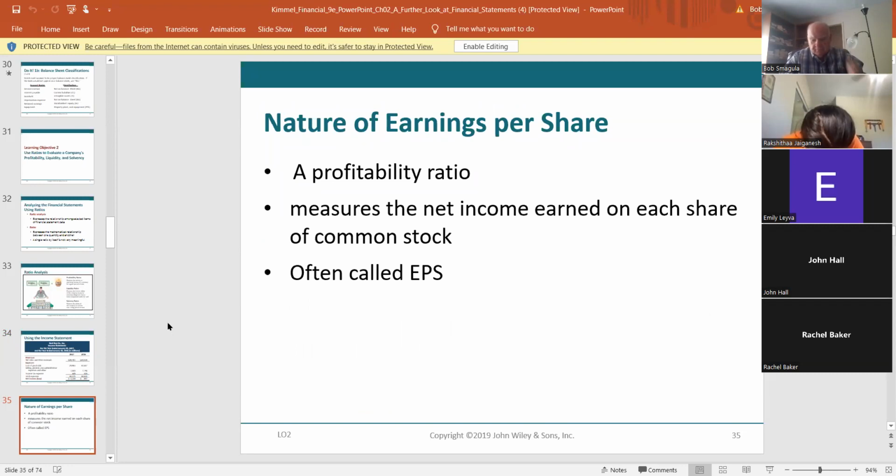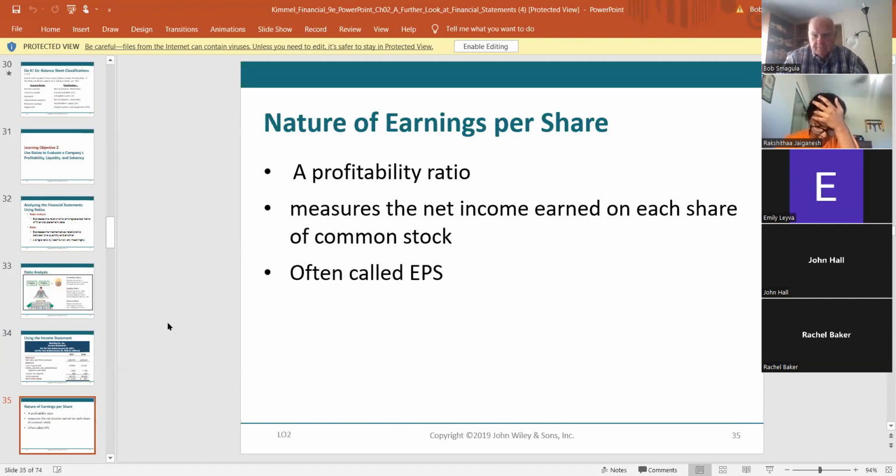Earnings per share. If you're interested in a particular company, you might be interested in buying the stock of Coca-Cola, but you're going to make sure that Coca-Cola checks out to your satisfaction. So you're going to come up with the earnings per share. It's simply the net income divided by each outstanding share of stock.